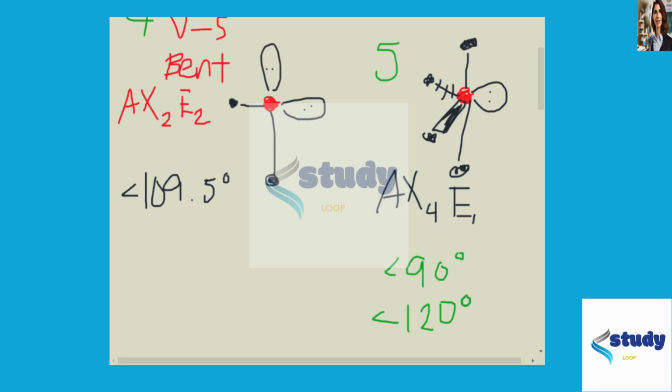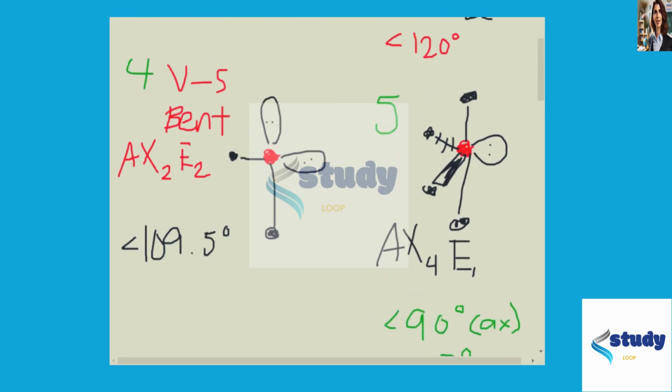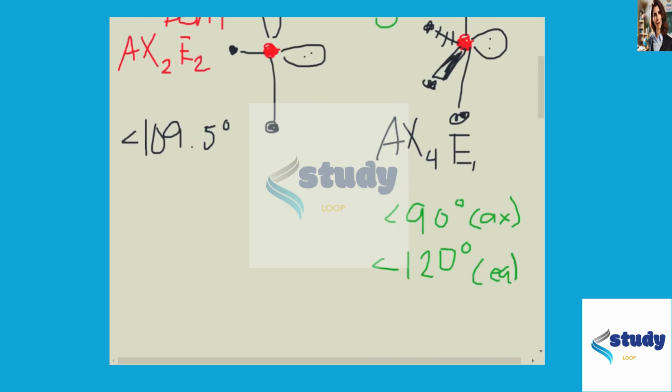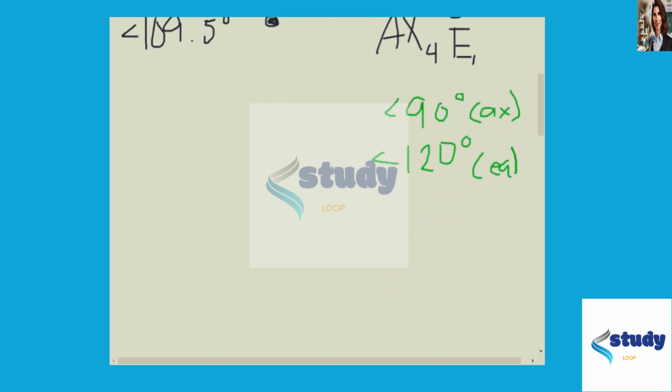Now, the 90 and 120 is different because it's looking for 90 going across its axis, and then 120 equatorial. But the best way to see these numbers is if you see it 3D. You might not be able to see where they're getting the 120 when it's on a flat surface.